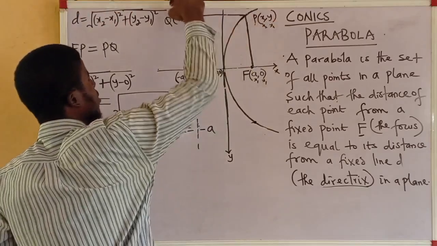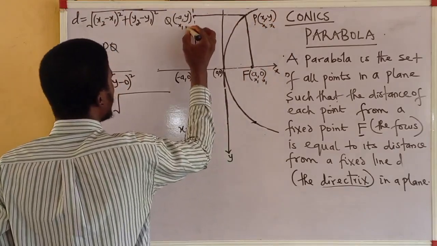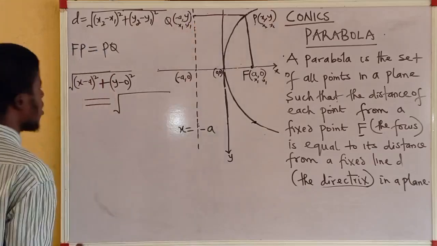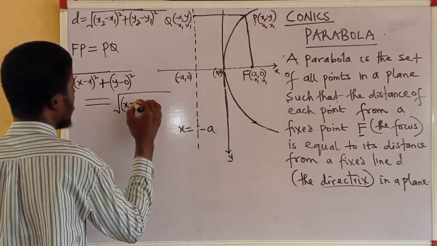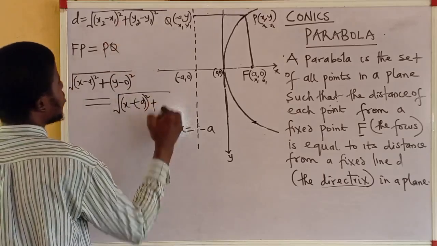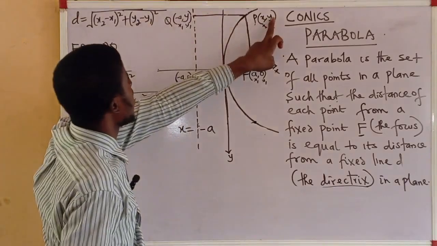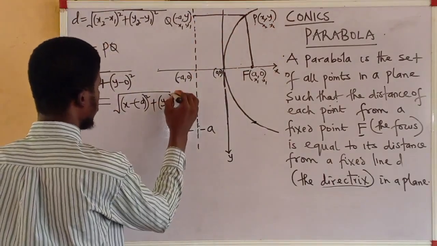the distance from here to here. So let this be x2, y2. Let this be x1 and let this be y1. So x minus minus a, x minus minus a all squared plus y minus y all squared.